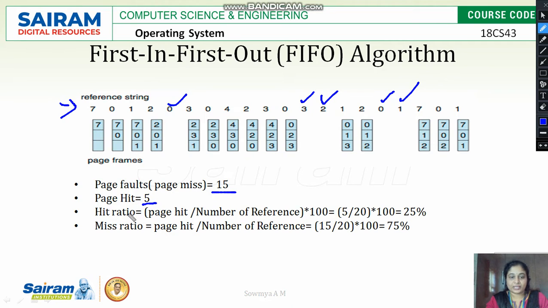To find the hit ratio, it is the number of page hits divided by the number of page references, or the number of pages in the string, multiplied by 100. So 5 hits divided by 20 into 100, which is 25%, is the hit ratio, and the remaining is the miss ratio. To calculate that, you take page misses or page faults, 15 divided by 20 into 100, which is 75%.